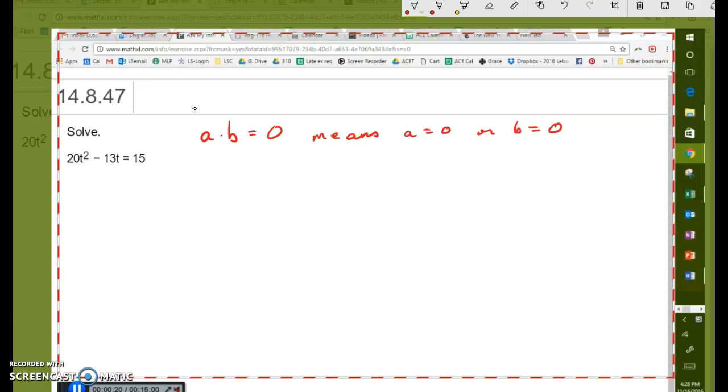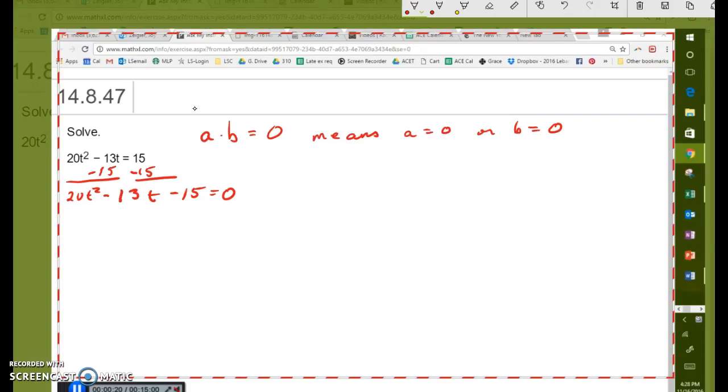Okay, in this problem here, you do not have something equal to 0. But if we subtract 15 from both sides, then on the right you have 0. And then on the left you have 20t squared minus 13t minus 15 equals 0.